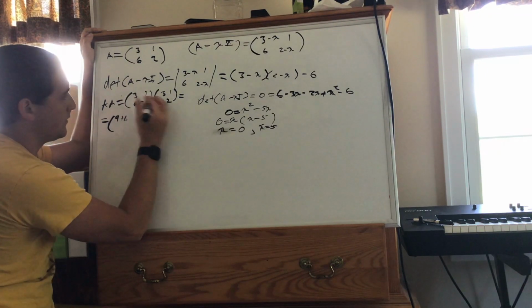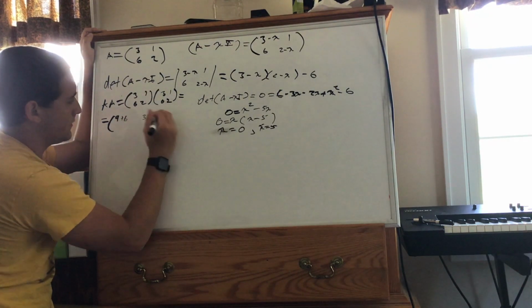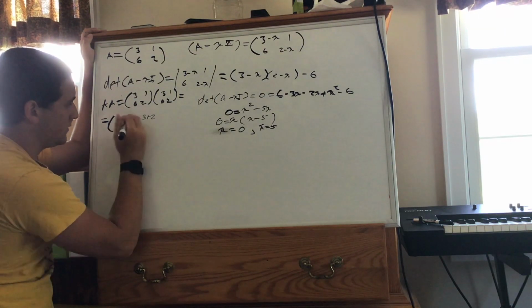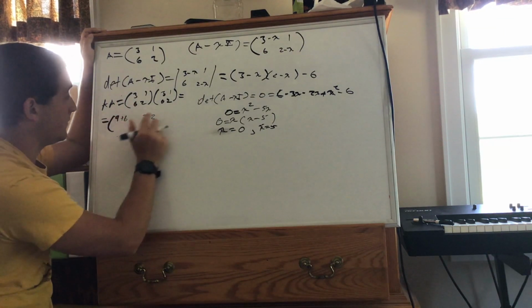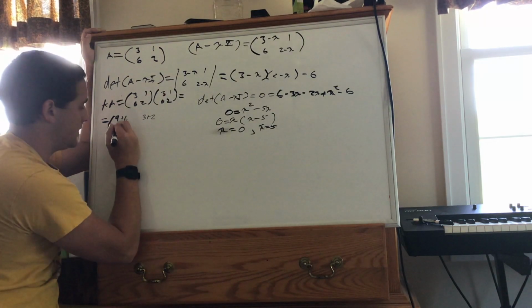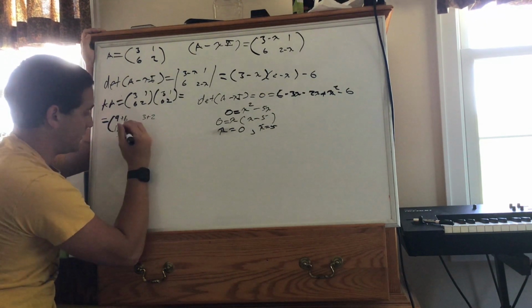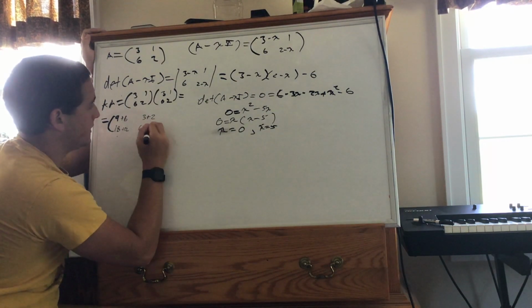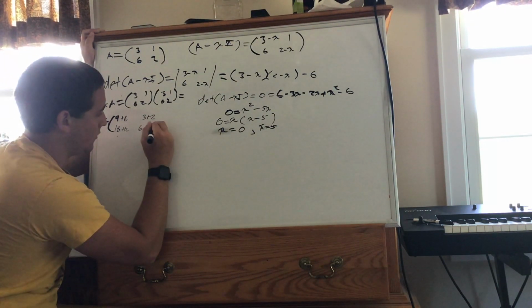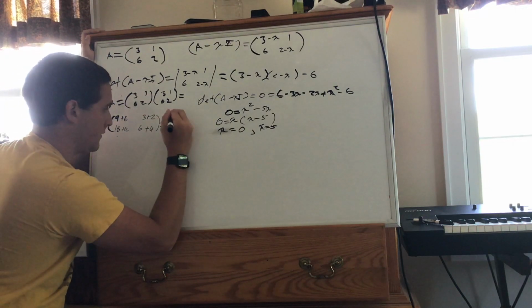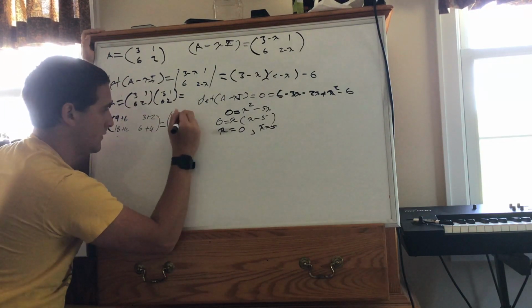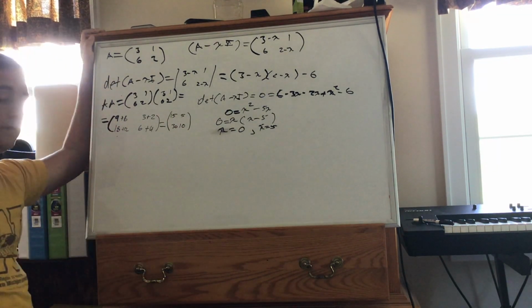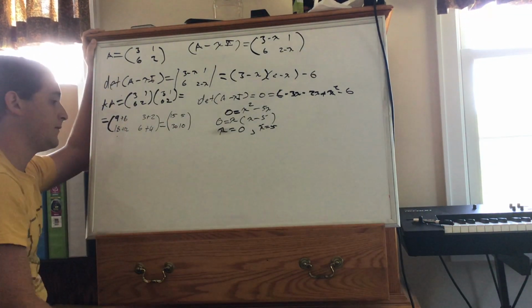Then 3 times 1 is 3, plus 1 times 2 is 2. Then 6 times 3 is 18, plus 2 times 6 is 12, and 6 times 1 is 6, plus 2 times 2 is 4. That equals 15, 5, 30, 10. So that's our A squared.